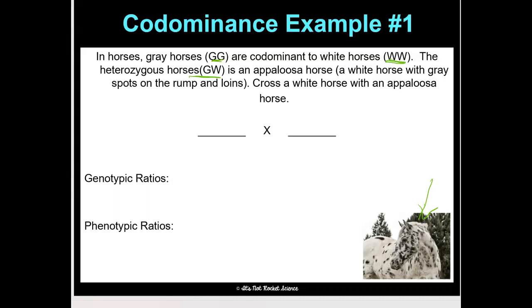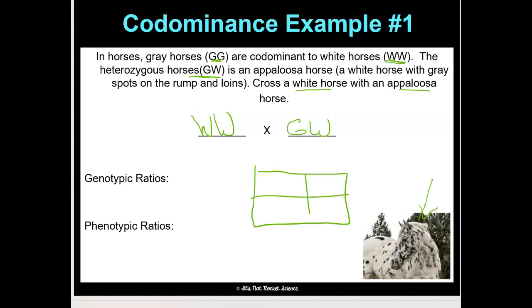So if we cross a white horse with an Appaloosa horse, the white horse would have to be homozygous, and the Appaloosa horse is going to have one gray and one white. And so when we do that cross, remember that the white parent can only give this white allele, so I'm only going to draw it once. But the Appaloosa horse can either give a gray or a white.